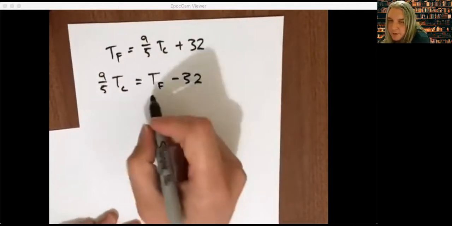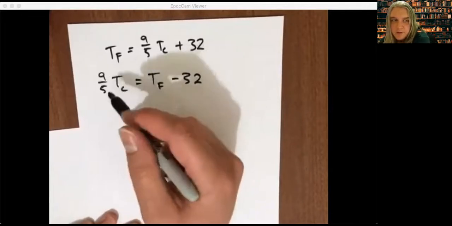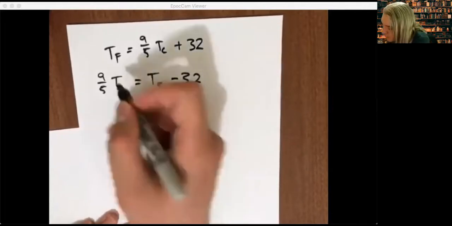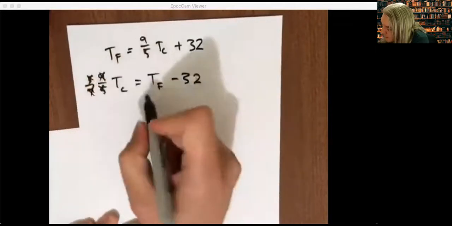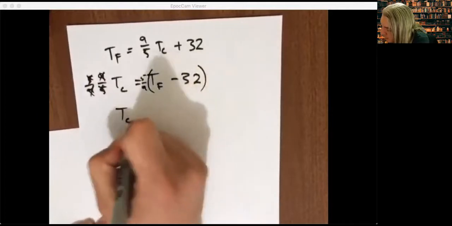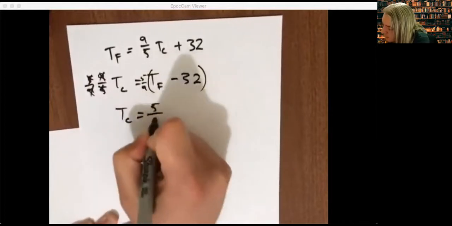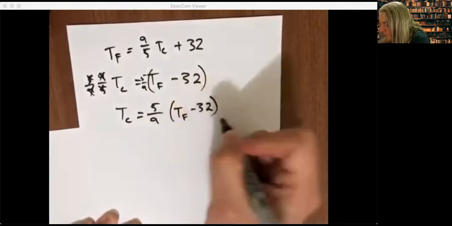Then we multiply both sides by 5/9, and that'll cancel those out. So we have 5/9 times that thing. I'll write that a bit clearer: 5/9 of T_F minus 32.